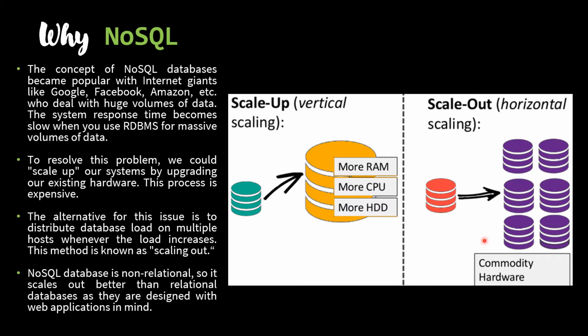Okay, to make it clearer, just imagine here. Let's say we have an apartment, one building. Then we have more tenants, more people that want to stay at this apartment.